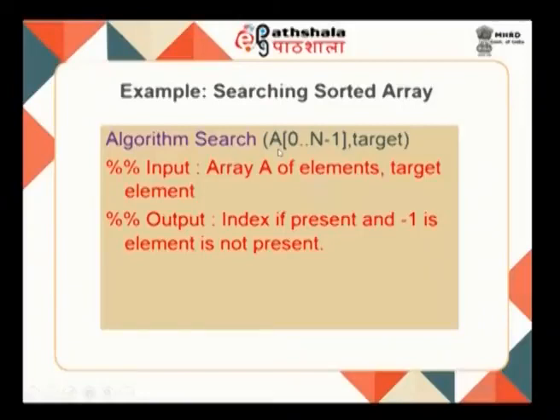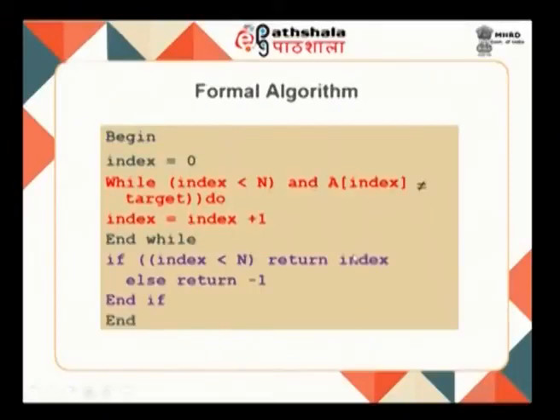Let me take the array whose contents range from index 0 to n minus 1, and I am given a target item. This is the input. The output, as I said earlier, is that we have to return the index if the target is present, otherwise we return minus 1.